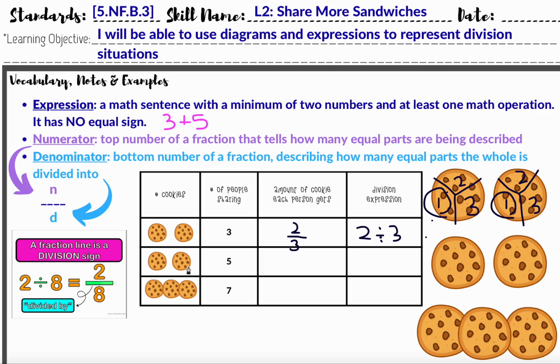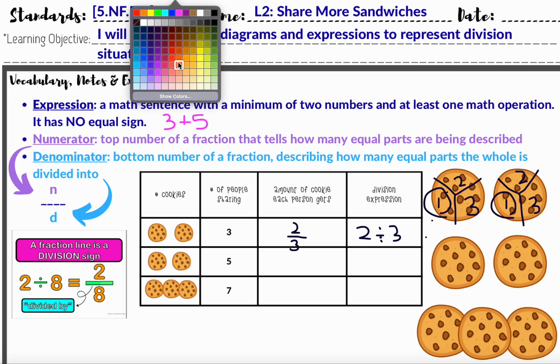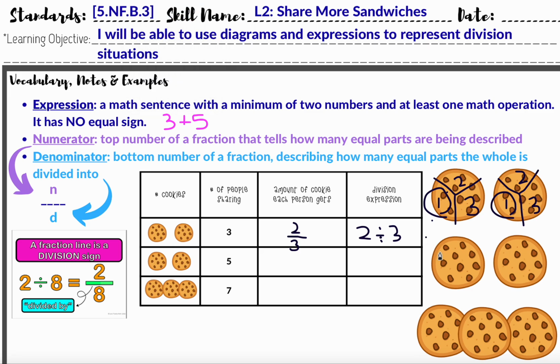So this one is 2 cookies, and I'm going to divide that among 5 people. Okay, so I'm going to chop my cookie among 5 people. So just pretend they're the same, okay? 1, 2, 3, 4, 5.